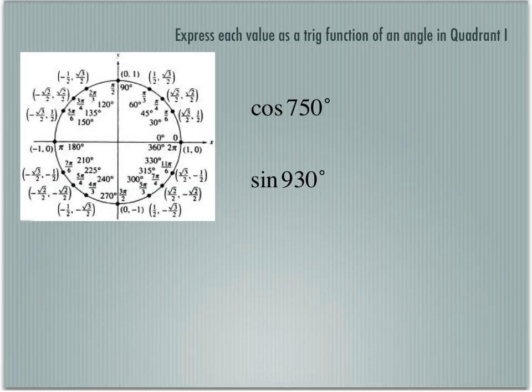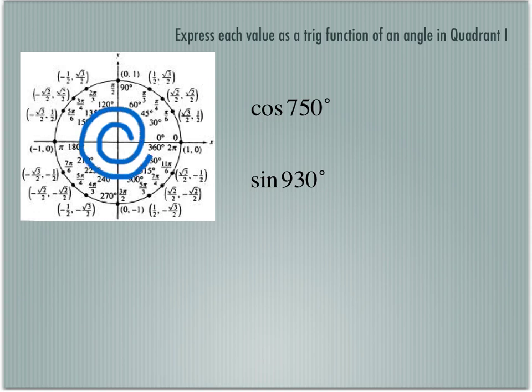Here's an interesting kind of problem. Express each value as a trig function of an angle in quadrant 1. So our answer has to be some angle from quadrant 1. Now let's think about this a bit. Cosine of 750. I start here, I go around once, that's 360.